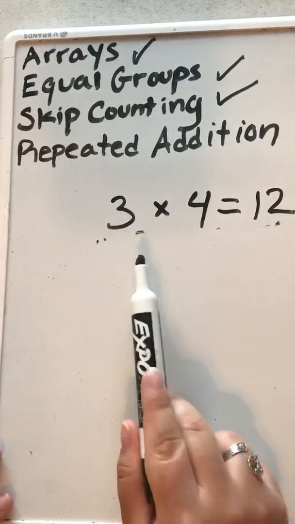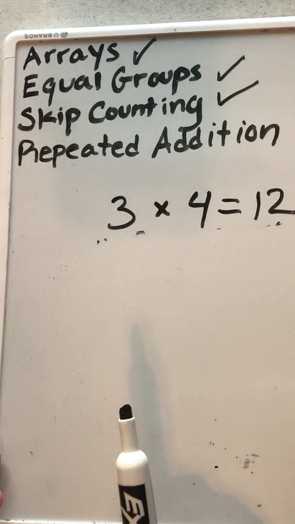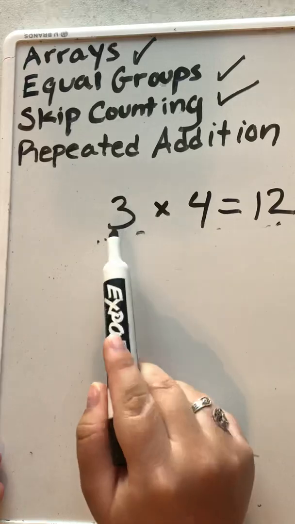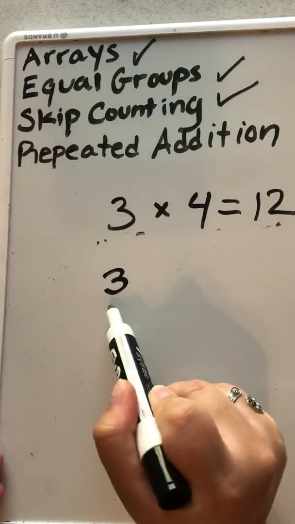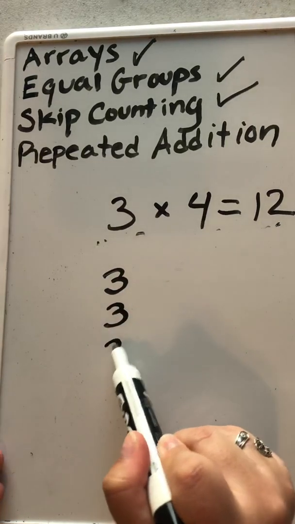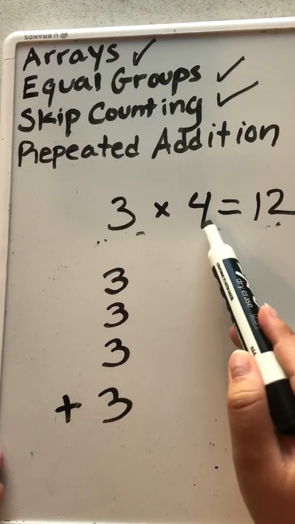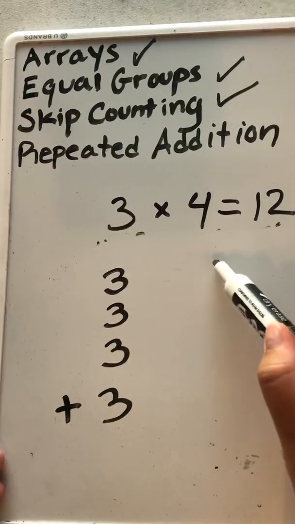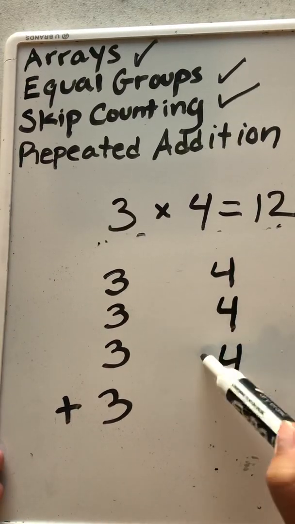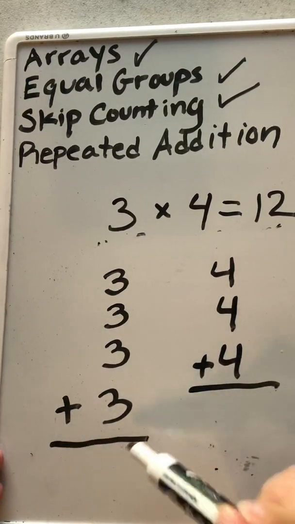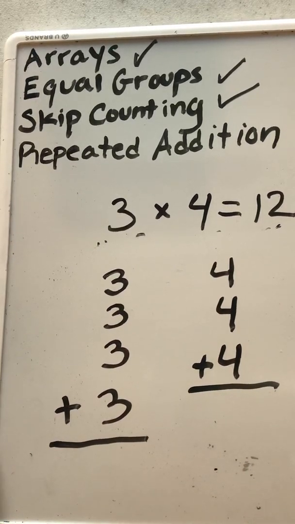So if I think of 3 times 4 as a repeated addition problem, I can think to myself, add 3 together 4 times, 3 plus 3 plus 3 plus 3, or add 4 together 3 times, 4 plus 4 plus 4. Now either way, it's repeated addition because I'm repeatedly adding the same number.